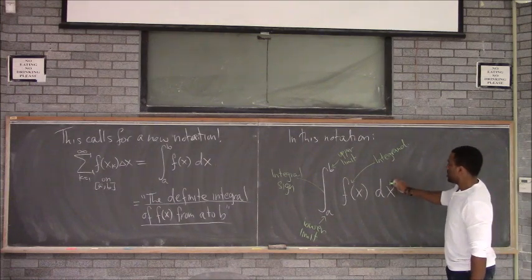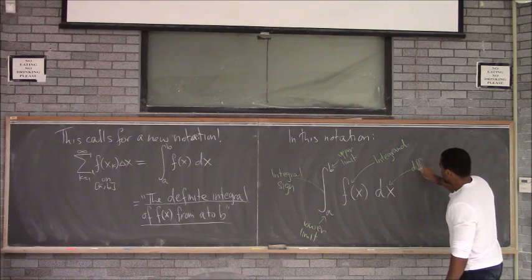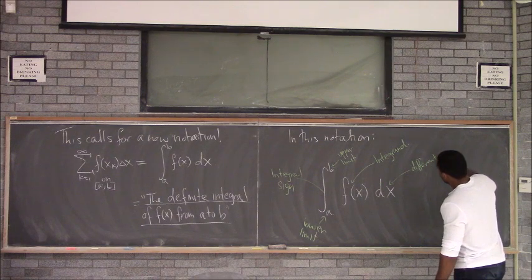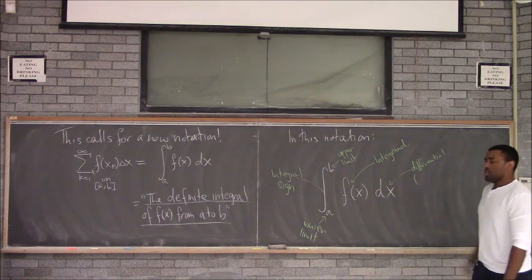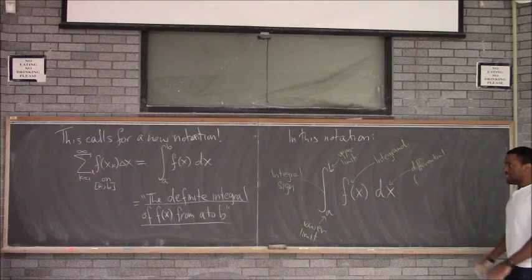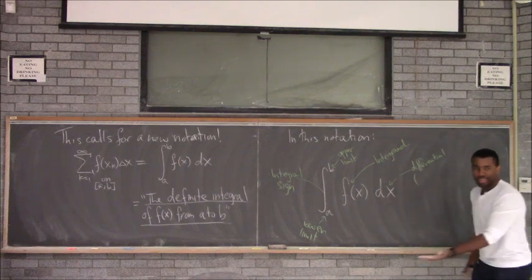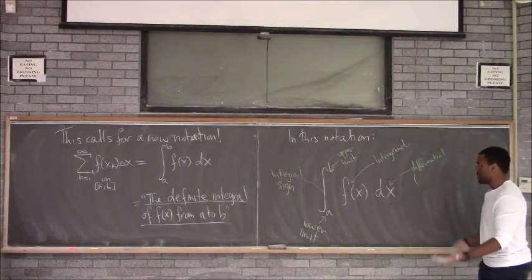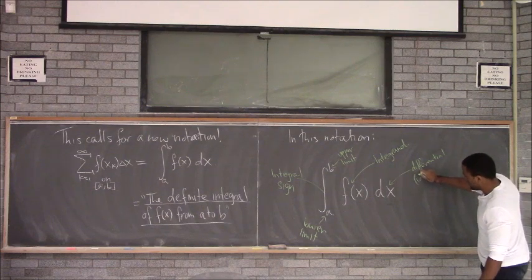And this is your differential. And again, there's an area of math that really goes into depth on the theory behind this guy, but the only thing you need to know is it identifies the independent variable.